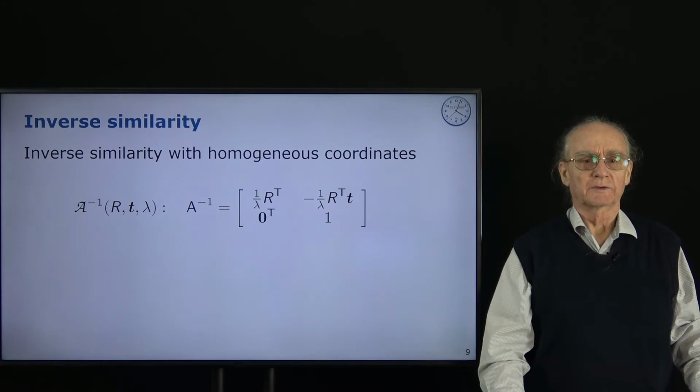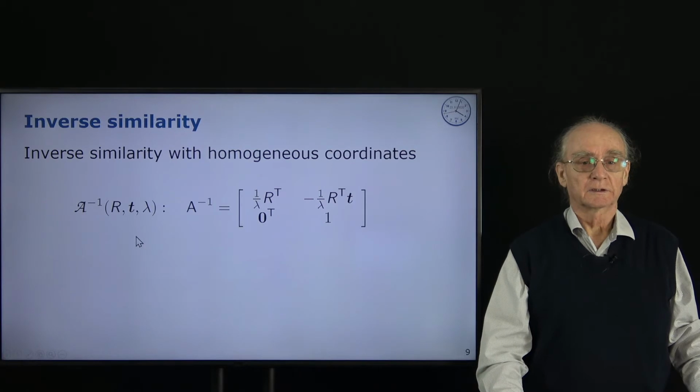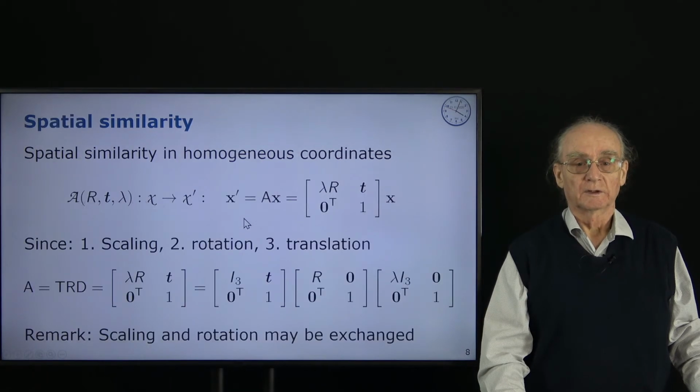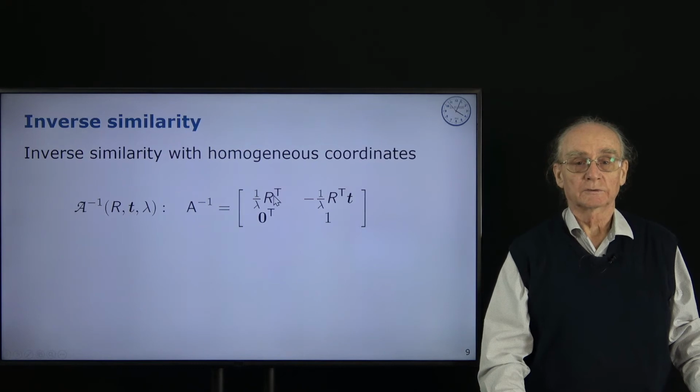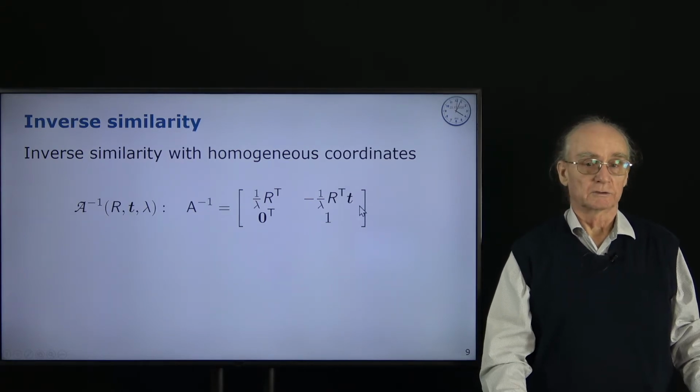If we write down the inverse, we find out that the inverse transformation, depending on rotation, translation, and scaling, is nothing else than the inverse of this matrix here. So the R is transposed, the scale is inverted, and now we have an expression here which modifies the translation vector.